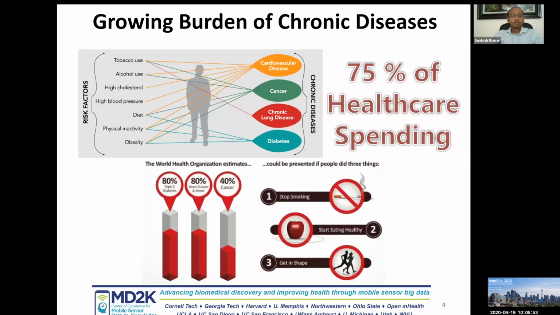If we can help people maintain healthy behaviors, then we can bring down the chronic disease incidence as well as its prevalence. It has been shown that if we could convince or help people stop smoking, start eating healthy, and be physically active, it can cut down 80% of type 2 diabetes, 80% of cardiovascular diseases, and 40% of cancer.